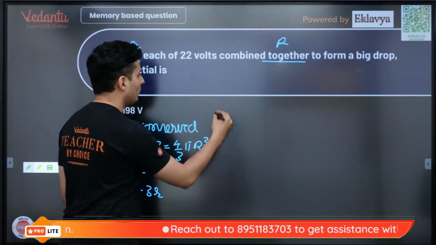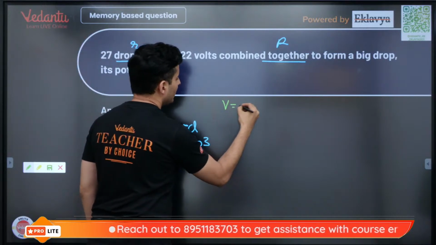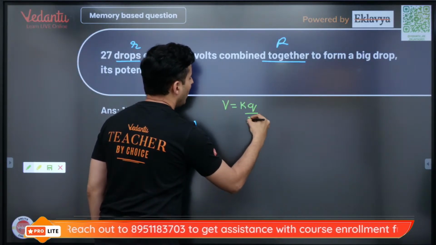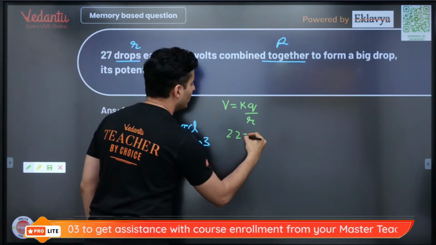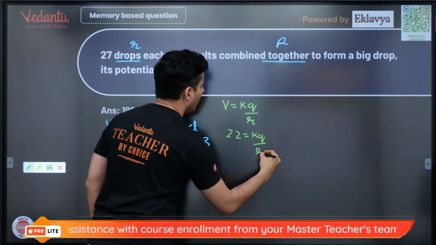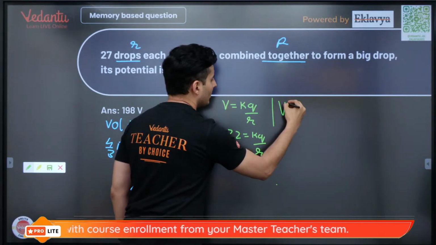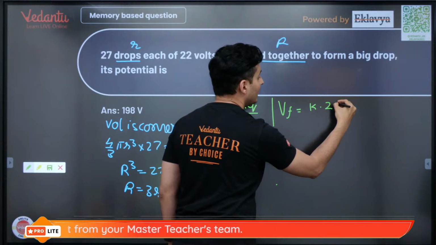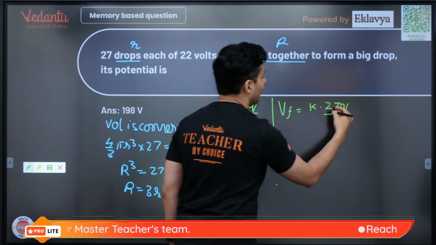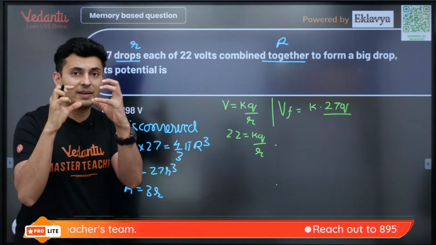Now, talking about the potential initially. Potential is K Q by r. Initial potential was 22 volts. So 22 is K Q by r. Now, the final potential will be K, but the charge will be 27Q. Many people miss that 27 because there are 27 drops.